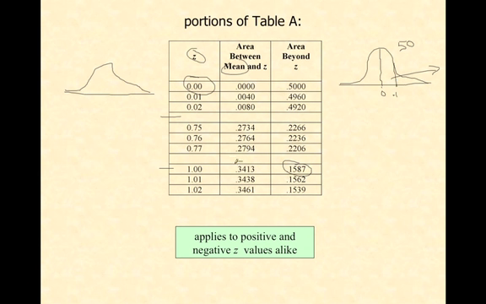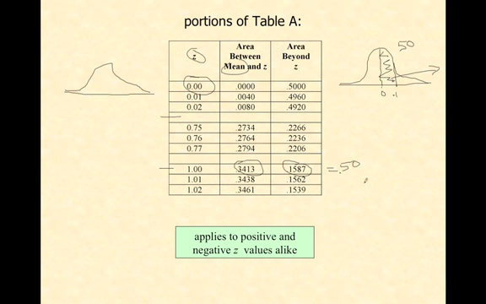That's this area right in here, 34.13%. And you'll notice that this number and this number always equal 50%, or 0.5. This applies to positive or negative z values alike.